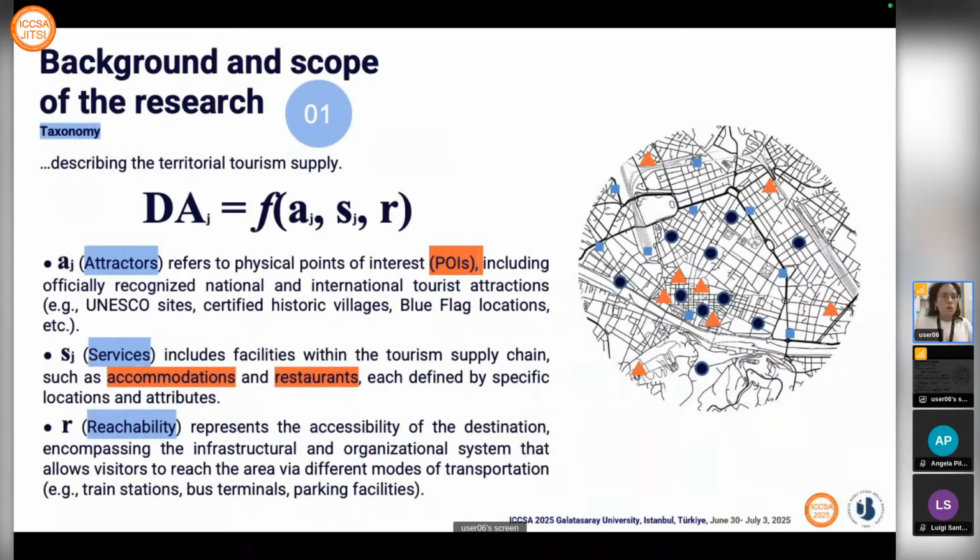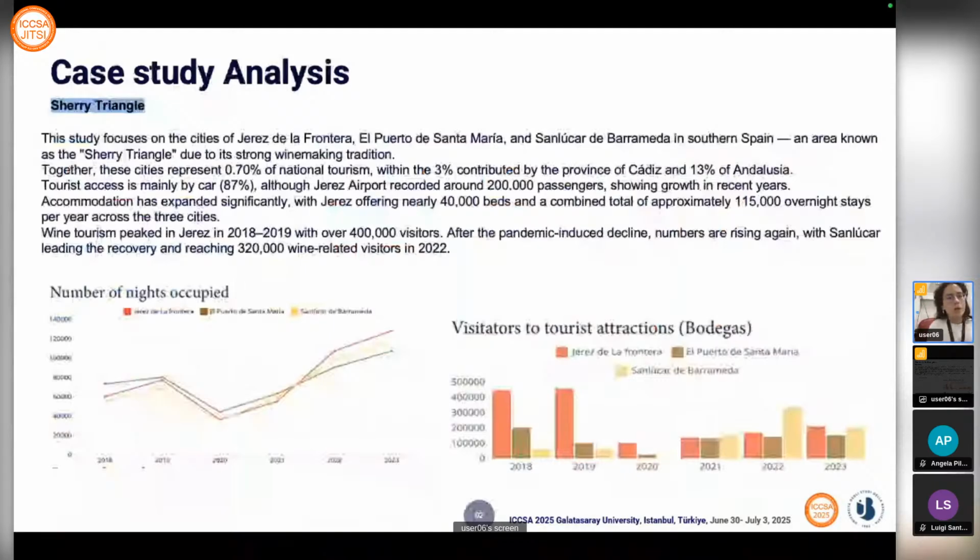So going deeper into the case study analysis, we are in Andalusia, in the south of Spain, focusing on the cities of Jerez, El Puerto de Santa Maria, and Sanlúcar de Barrameda. The area is well known for its tradition of winemaking and the well-known sherry wine production.